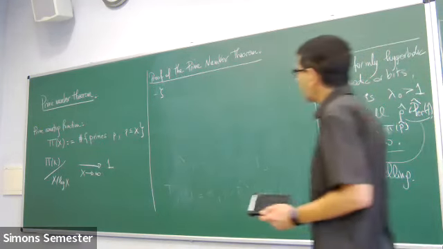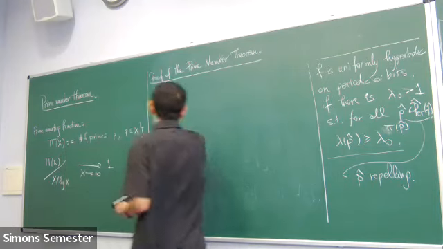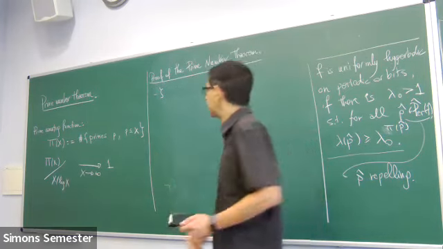One of the ingredients is that the Riemann zeta function has a meromorphic extension to the whole plane.